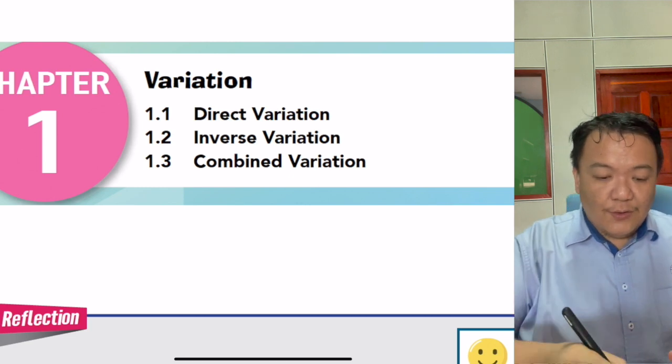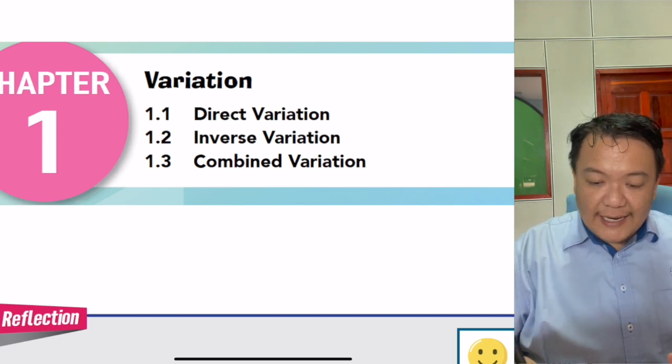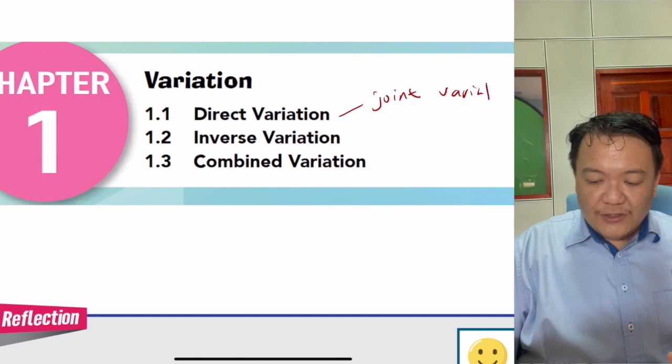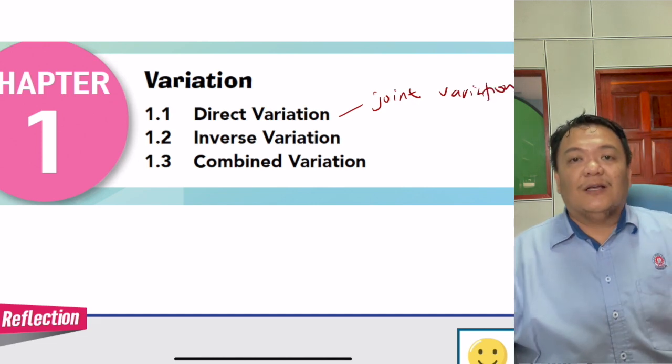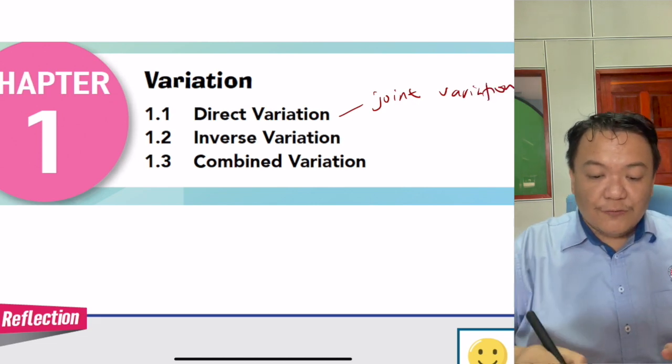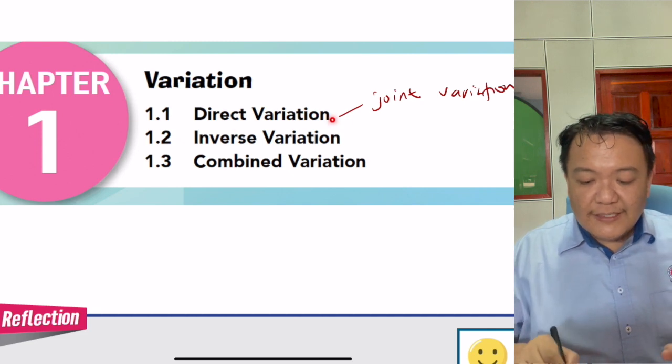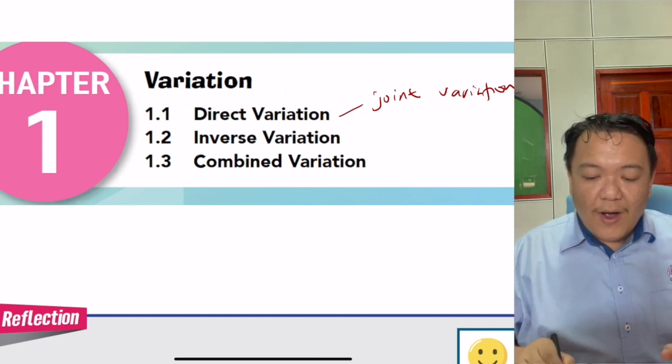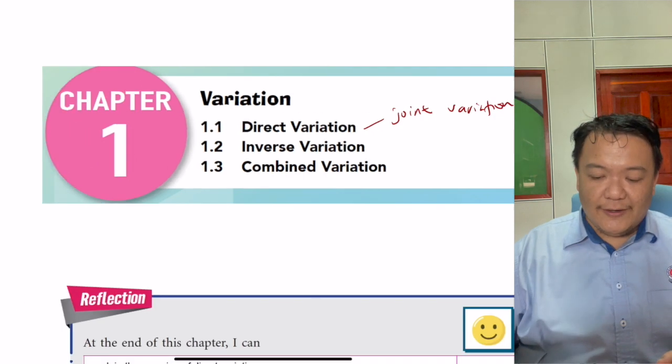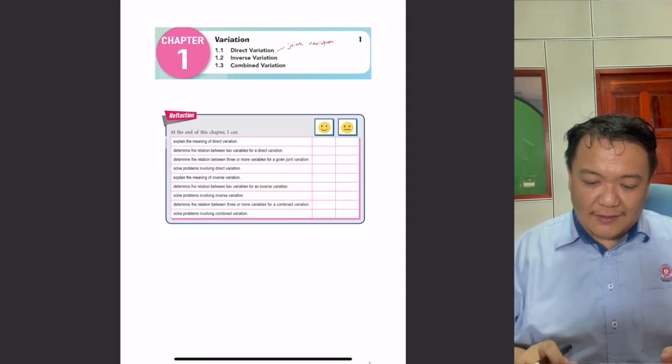In direct variation, you will also learn joint variation. In today's class, we're going to focus on the first subtopic, 1.1 direct variation. Are you ready? Let's get started.